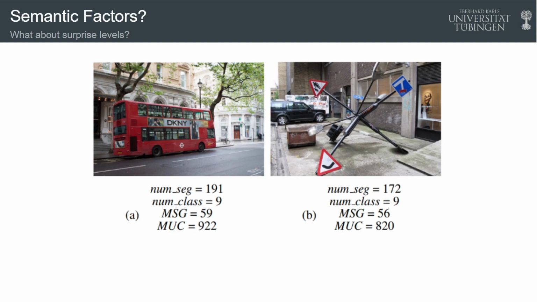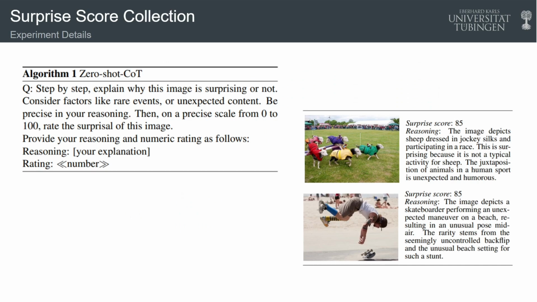To explore this, we curated a new dataset called Surprising Visual Genome by selecting 100 random and 100 surprising images from the Visual Genome. We then obtained surprisal scores using a large language model via chain of thought prompting, explicitly asking for reasoning to maintain interpretability.